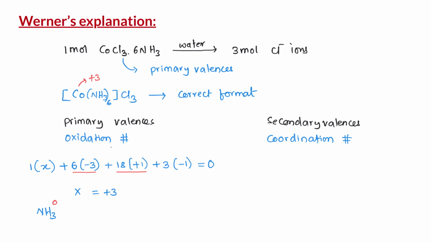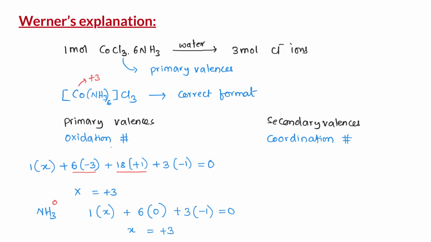That is, we have one cobalt, and let's assume its oxidation number is X, plus 6 ammonias, and each ammonia has an overall charge of 0, plus 3 chlorines, each of them have -1 charge. These should add up to 0, and if we solve for X, we get X equals +3.